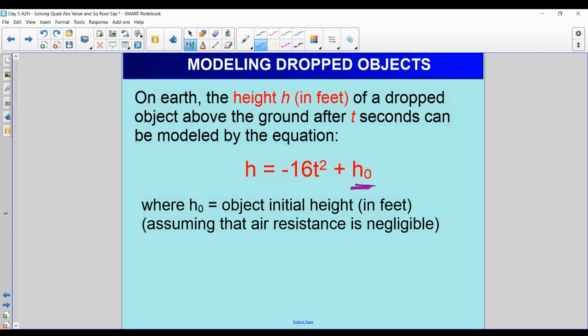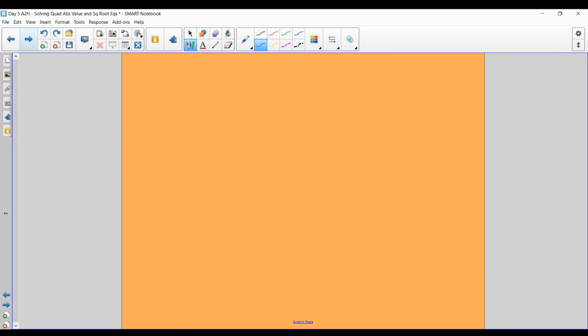The h sub 0 is the initial height of the object, and this negative 16 comes from the gravitational pull on Earth. So I'm going to give you an example later on.